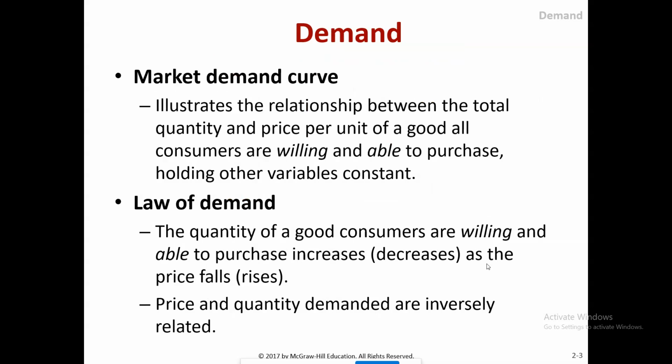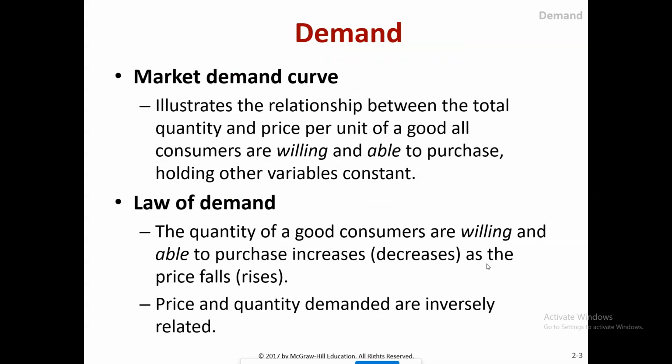And so it illustrates at a certain price how many units the consumers are willing and able to purchase, or at a certain quantity, the price the consumers are willing to pay. Holding other variables constant, holding other influencing factors like income, preference, those factors constant.